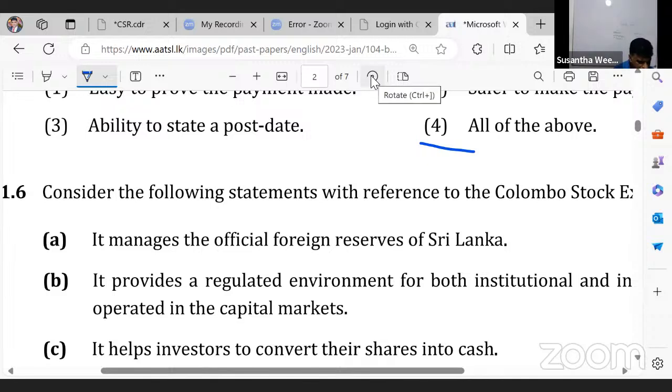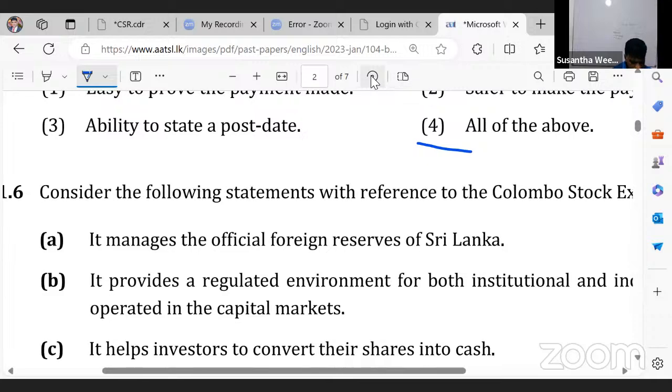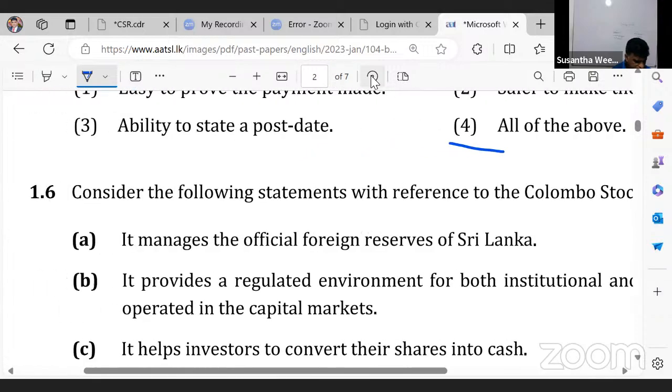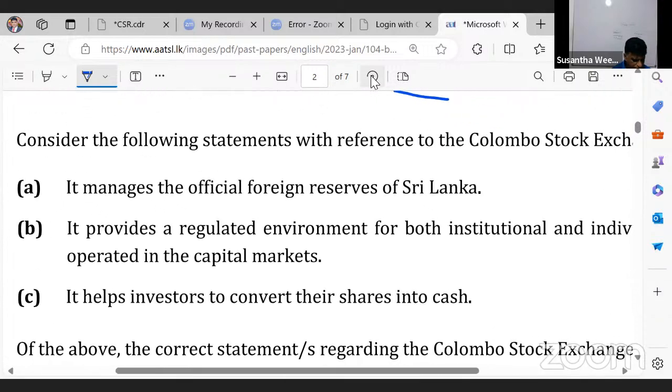It provides a regulated environment for both institutional and individual investors operating in the capital markets. No, that is not the capital market. Capital market and money market we have discussed, right? This is not that. It helps investors to convert their shares into cash.